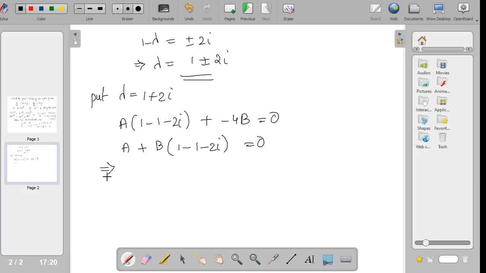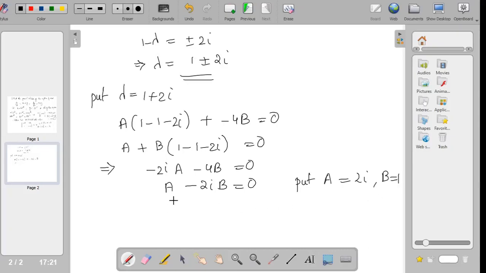So that will give us -2i a - 4b = 0 and a - 2i b = 0. So put a = 2i and b = 1. It will satisfy both the equations. So a will be equal to 2i and b will be equal to 1.